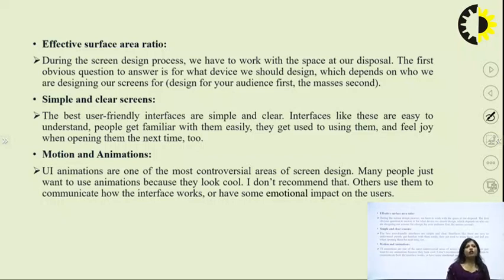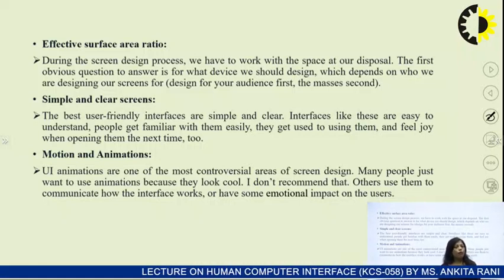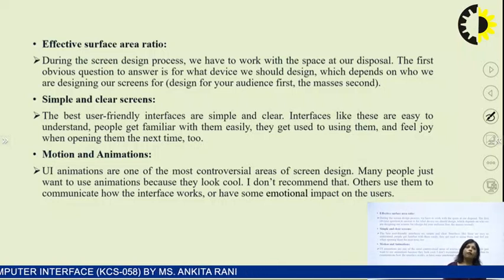So during the screen design process, we have to work with the space at our disposal. The first obvious question to answer is for what device we should design, which depends on who we are designing our screens for. Design for your audience first, the masses second. For example, a mobile phone has a small screen, but when we are talking about the laptop and desktop, the screen size is bigger compared to the mobile.